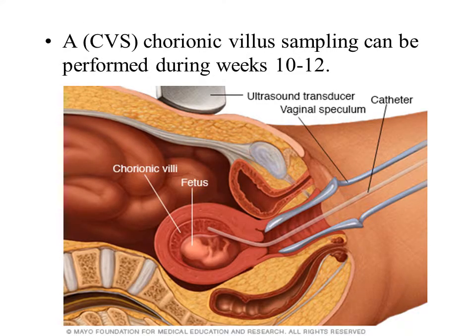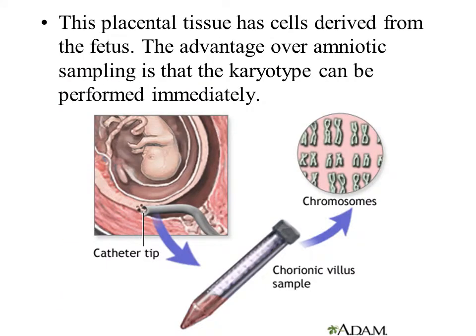Another genetic test that can be performed is the chorionic villus sampling test. This can be done between week 10 and 12. A tube will be inserted through the vagina and tissue will be captured. This placental tissue has cells derived from the fetus. The advantage over the amniotic sampling is that a karyotype can be performed immediately.